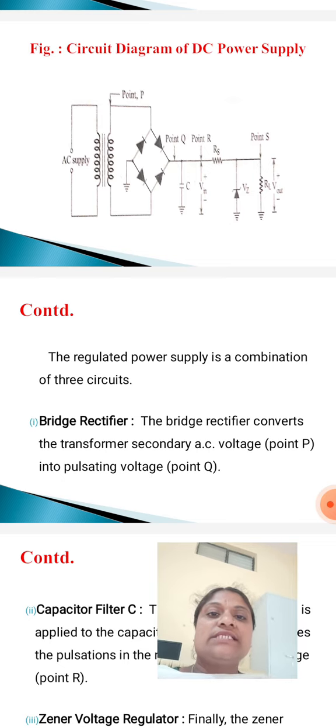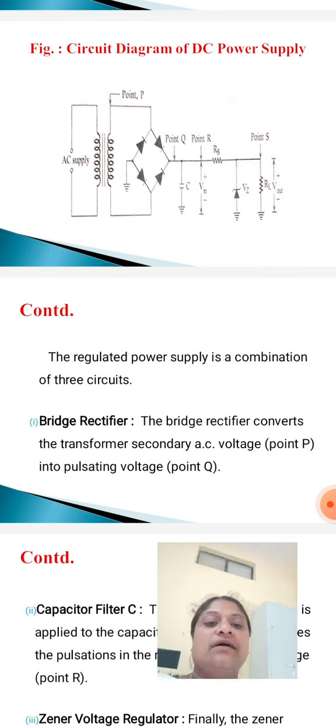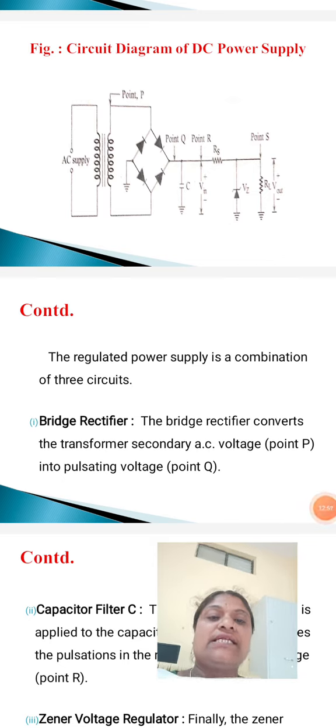This secondary AC supply is applied to the bridge rectifier. The first circuit is the bridge rectifier, which converts the transformer secondary AC voltage into pulsating voltage.